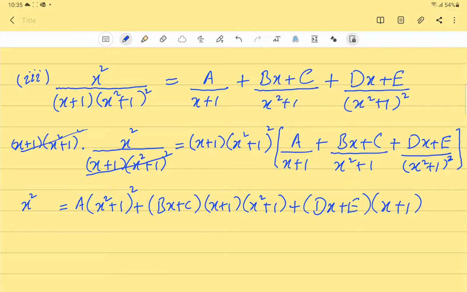Here at least we can find the value of one constant by assuming the value of x equal to minus 1. So let us assume it.